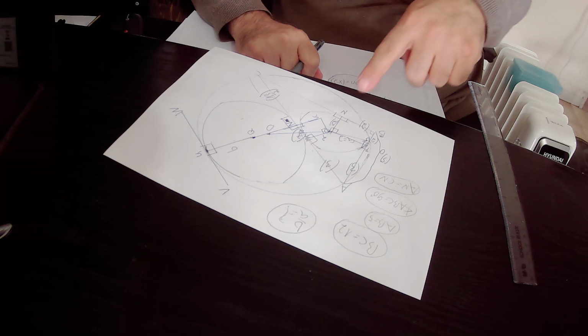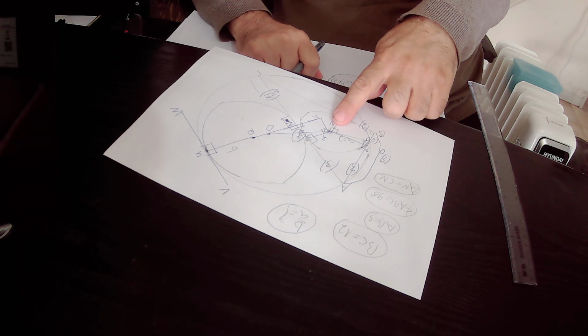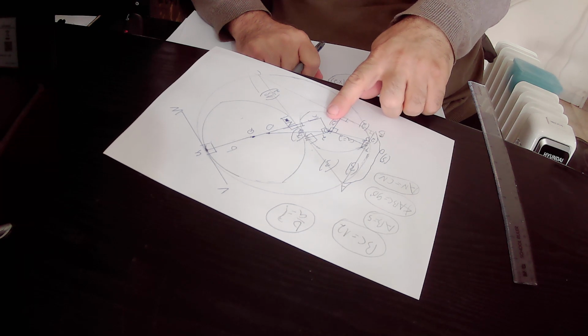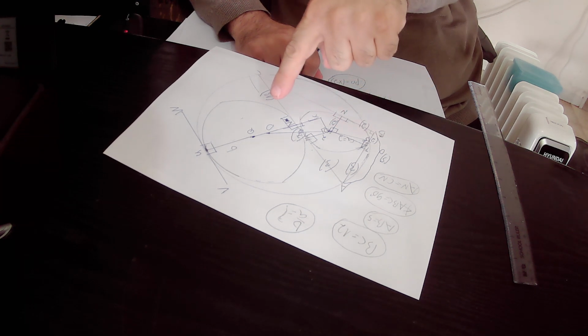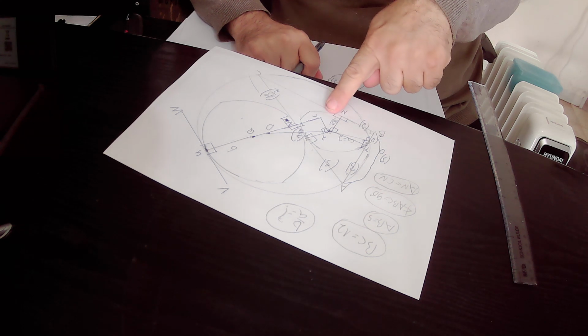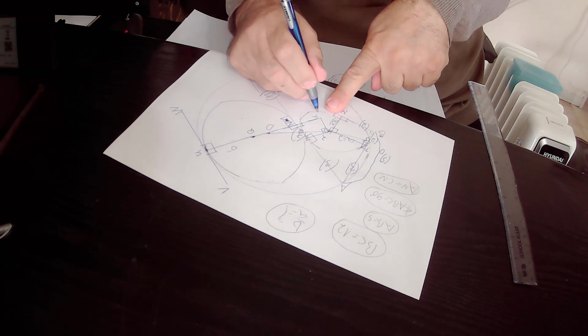And we will extend the perpendicular until it touches the extended ON. We define the touching point as point T.